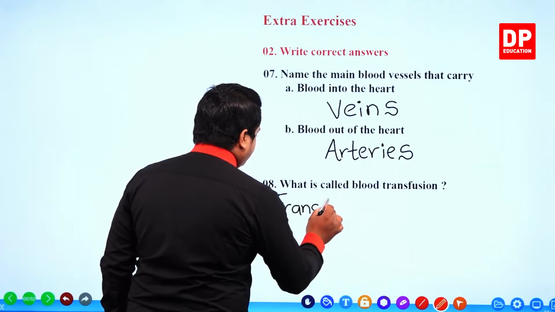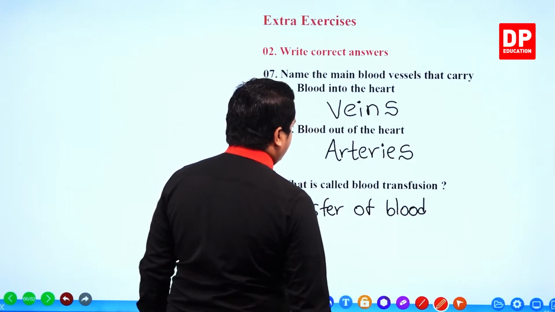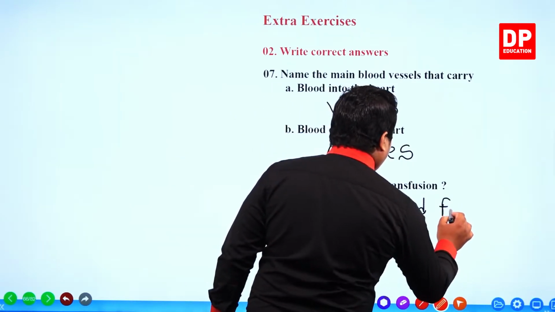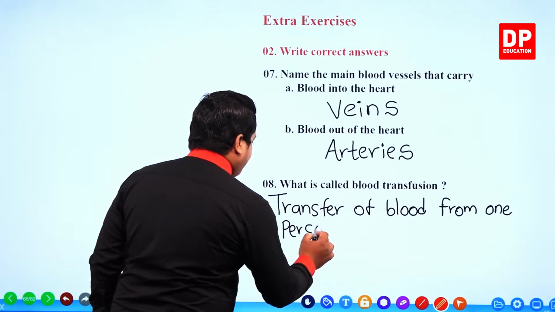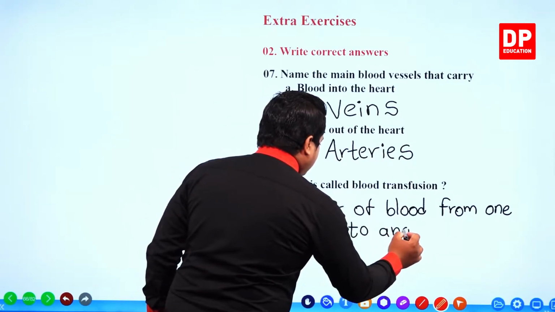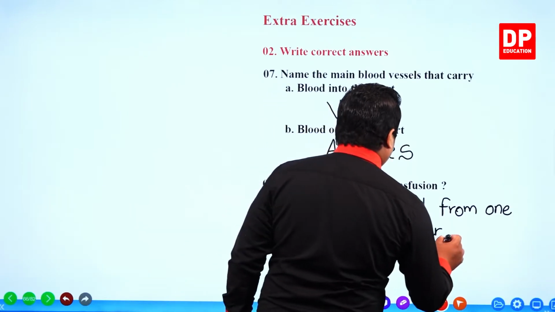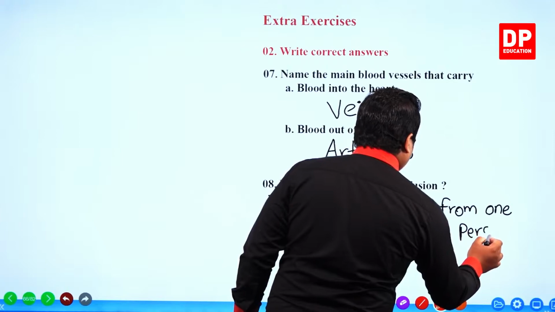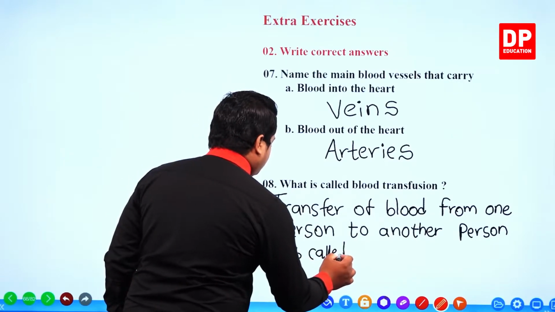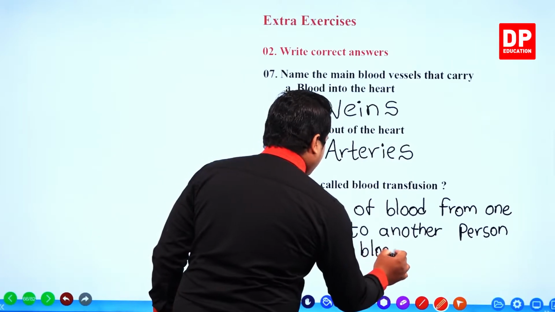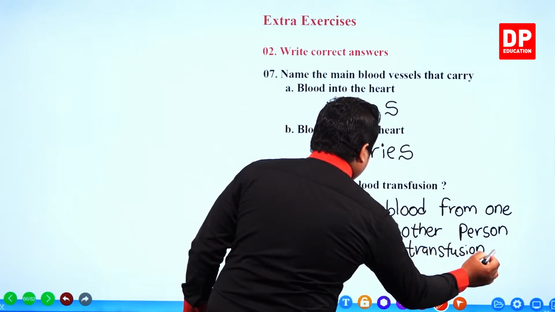Transfer of blood from one person to another person is called blood transfusion, right?